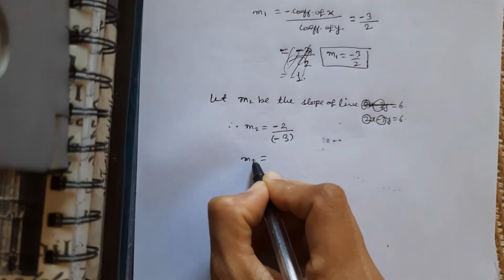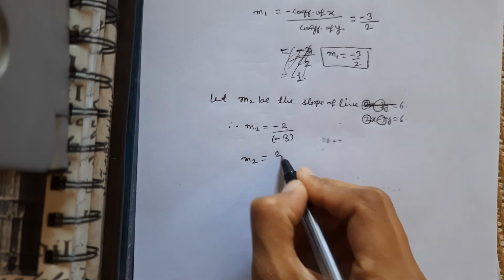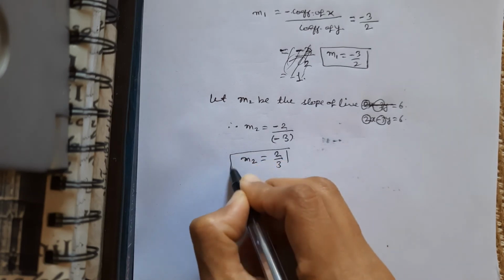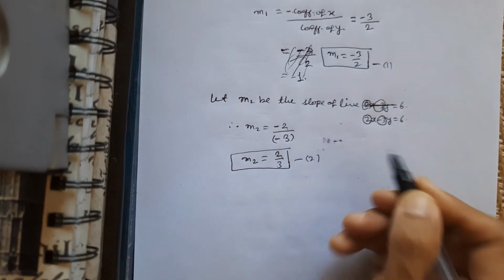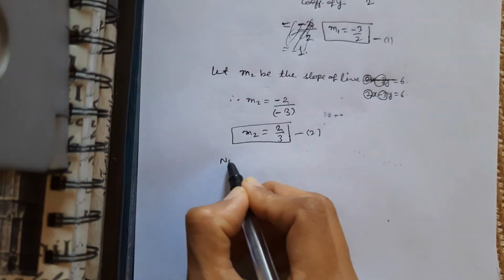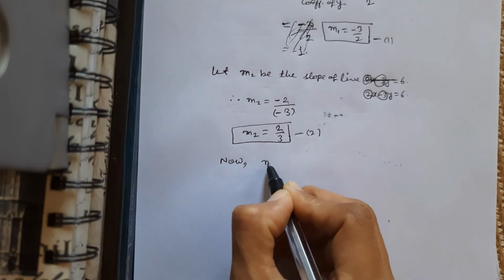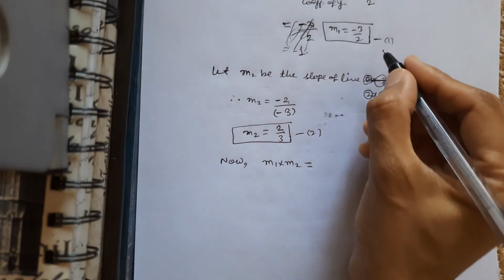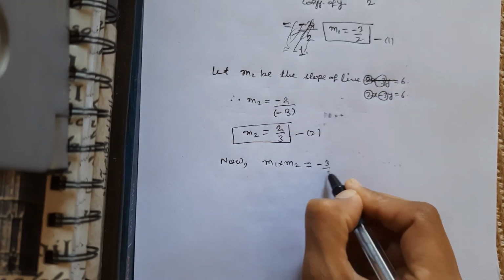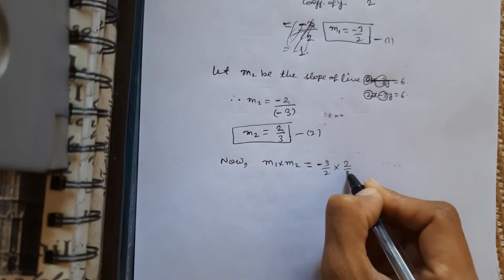So m2 equals, the minus signs cancel, 2 by 3. Now this is the m1 I got and the m2 I got. So now I'll find m1 multiplied by m2. m1 is -3/2 multiplied by 2/3.